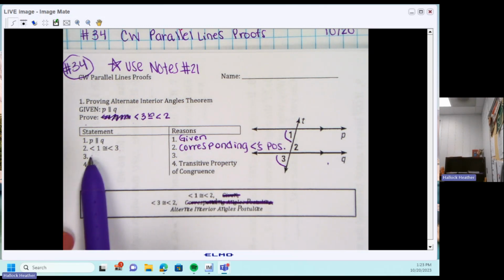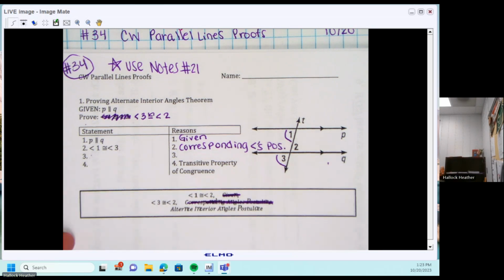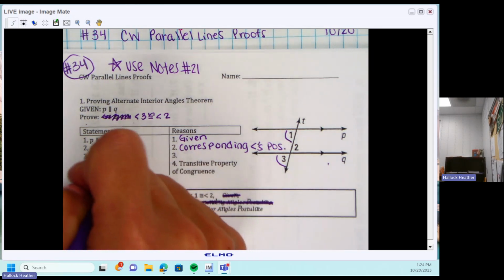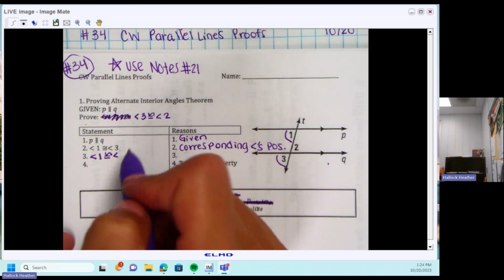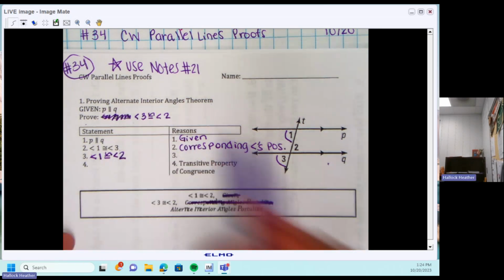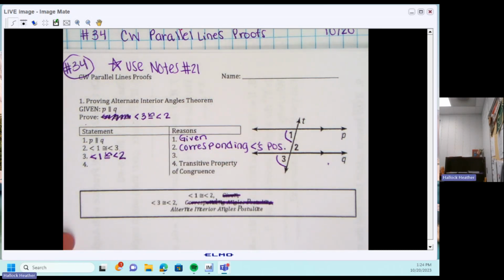What would have to go in the next little blank? Not 3 is congruent to 2. She's asking about this.